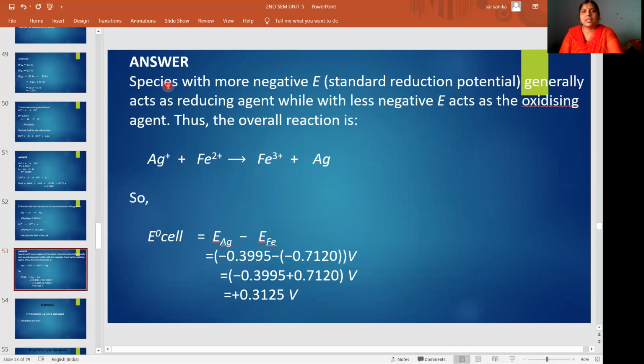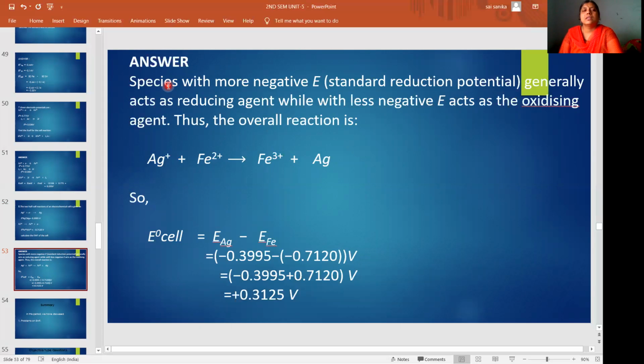So Ag plus is converting into Ag, that means it is losing charge, which means it is undergoing reduction. An increase in positive charge, or increase in oxidation number, means oxidation.